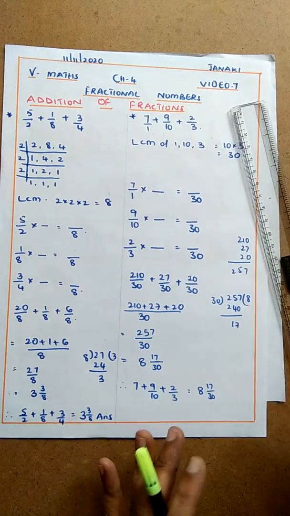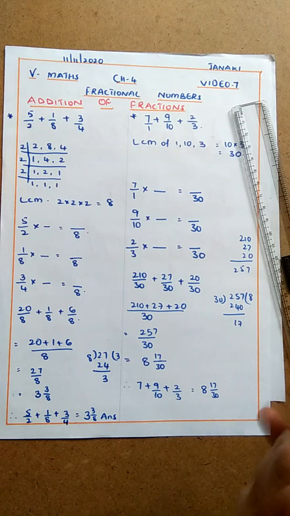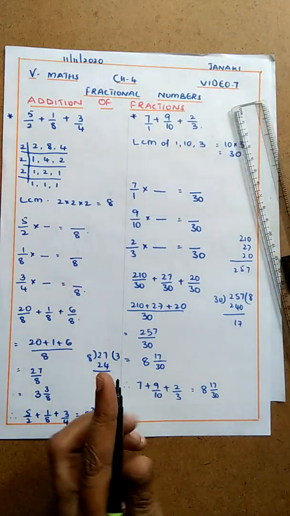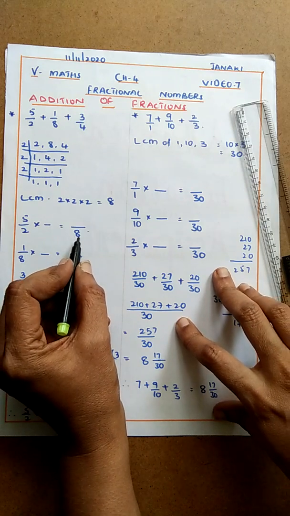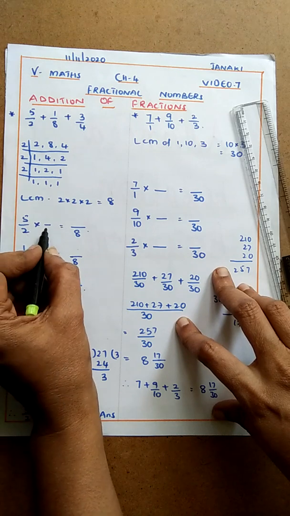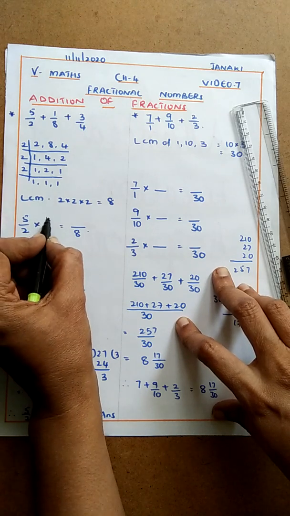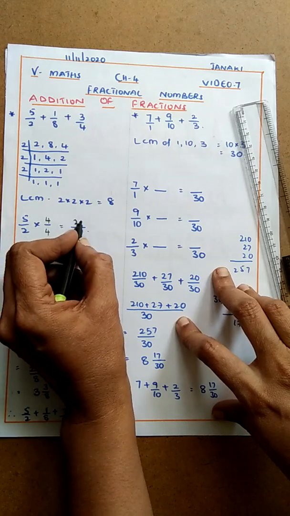Now we are going to write the like fractions. Now how? Take the first fraction 5 by 2. See how many times it goes in 8, the LCM. So 2 goes 4 times. So multiply numerator and denominator by 4. 4 5s are 20.